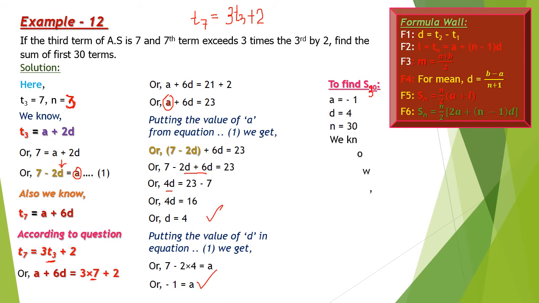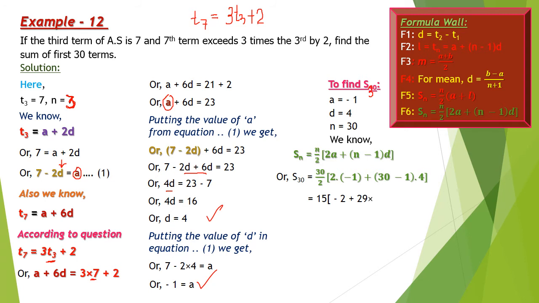To find the value of S30, we know S30 is equal to 30 by 2 bracket 2a, where the value of a is minus 1, and the value of n is 30, (30 minus 1), and d is 4, which gives 15 bracket minus 2 plus 29 into 4, which gives 1710.